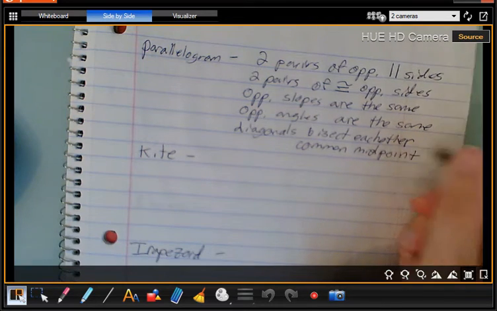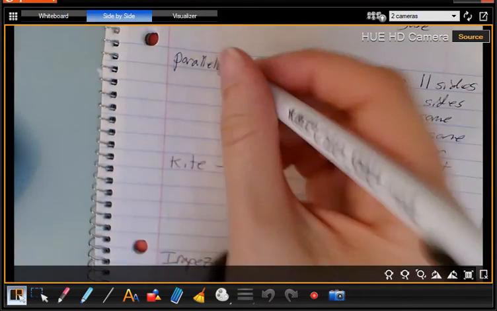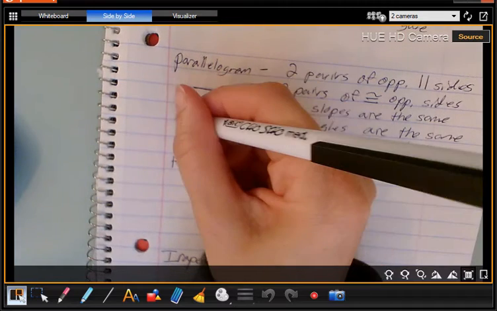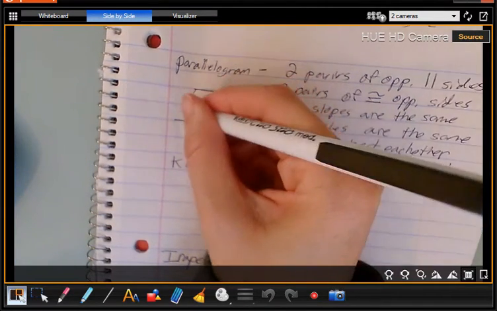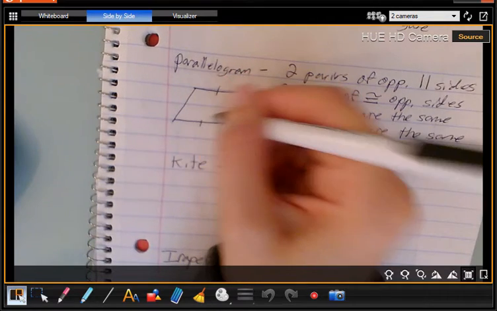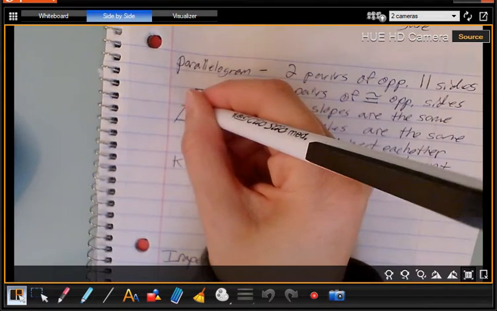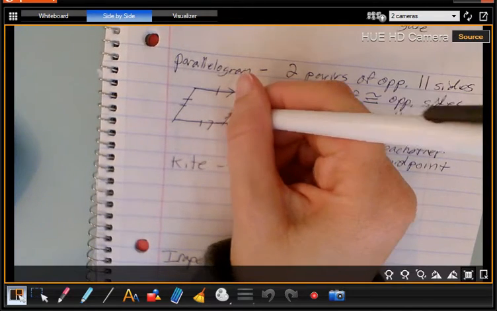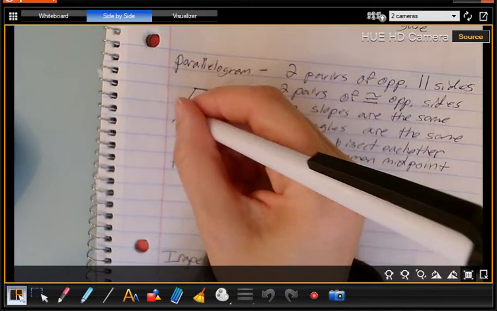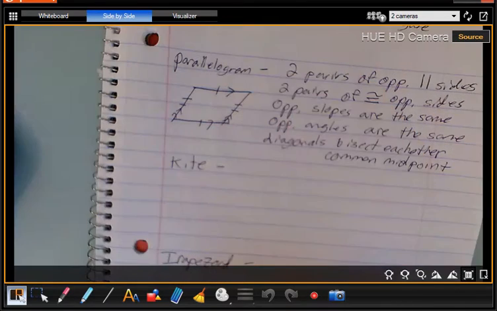Okay, we're just going to draw a little sketch of that right here. So opposite sides are congruent. That's my congruent sign. Parallel, these little arrows show parallel. I'm going to make two arrows for these sides so we know they're not parallel to each other.